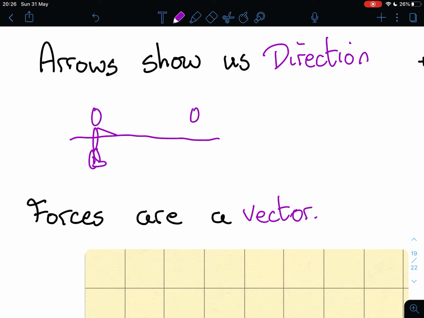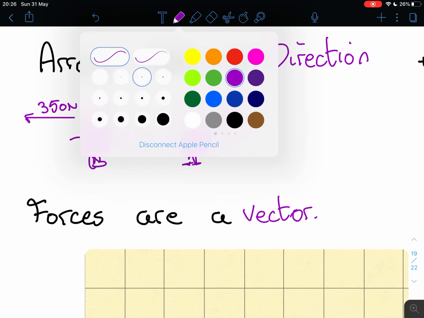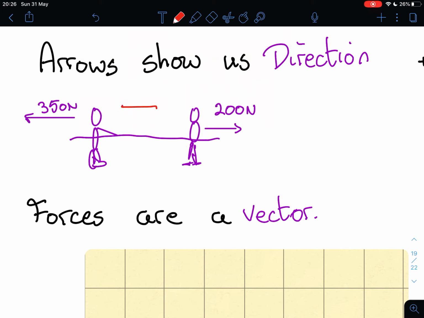Two people. Bob pulls this way with 200 newtons, and Jim pulls this way with 350 newtons. What is the resultant force? Most people clock on pretty quickly that it's this way with 150 newtons.